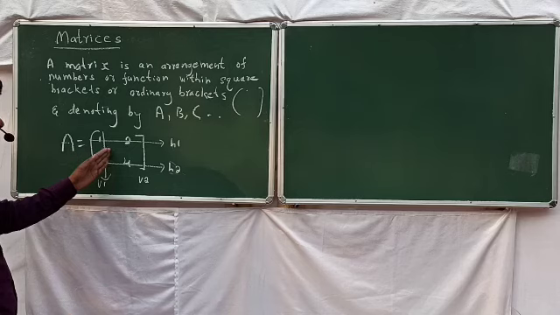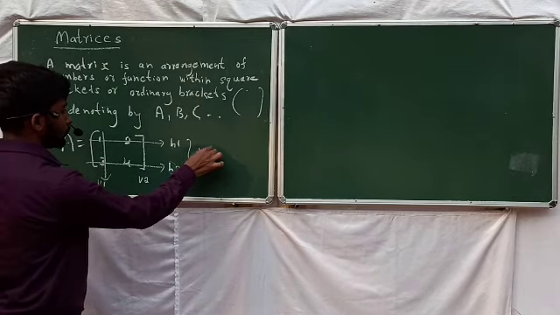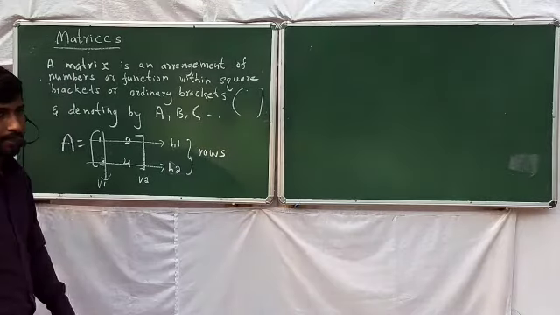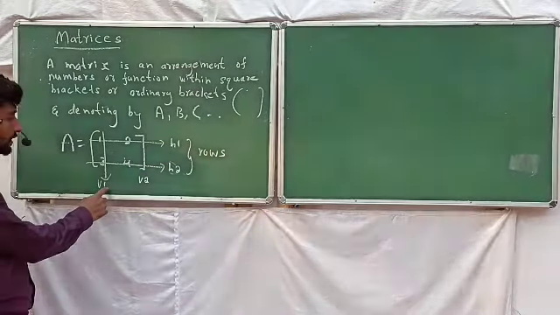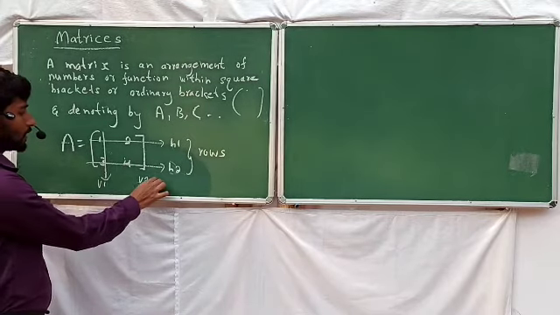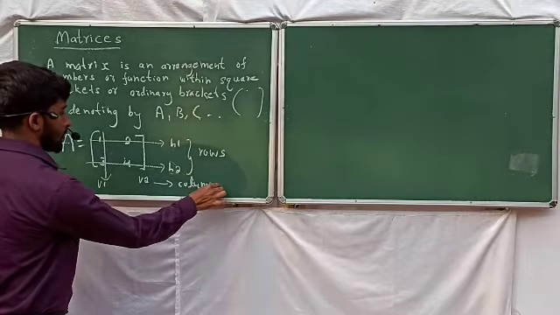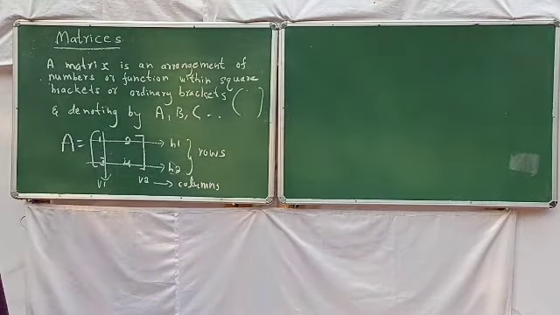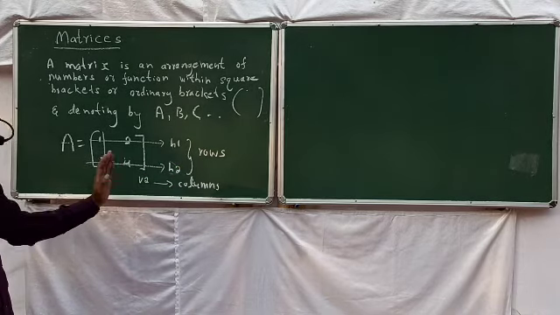In a matrix these horizontal lines are called rows of a matrix, and vertical lines are called columns of a matrix.